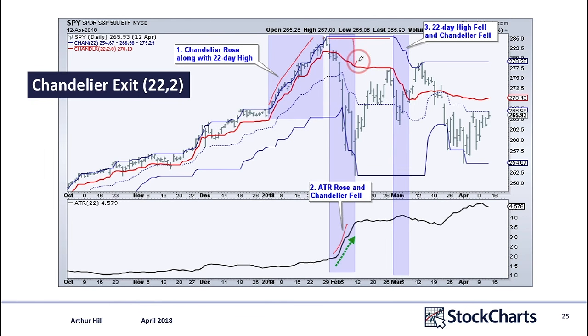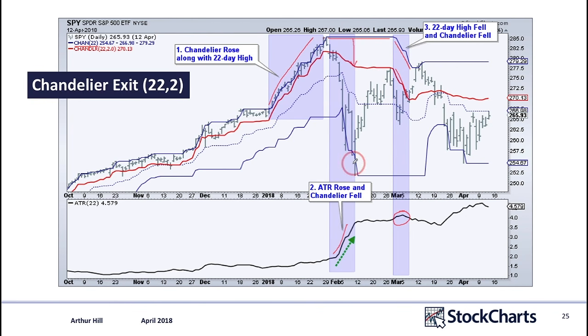And so that's why the Chandelier Exit fell. In the third part, you can see we had a relatively elevated ATR value down below, and the 22-day high fell. And hence the Chandelier Exit fell.